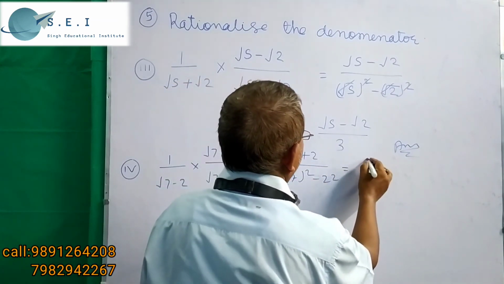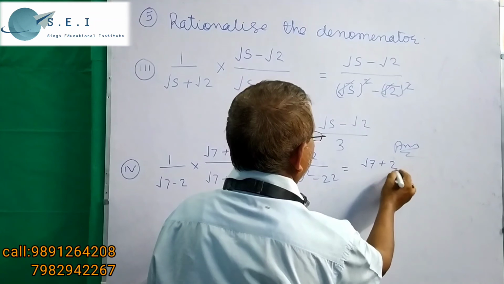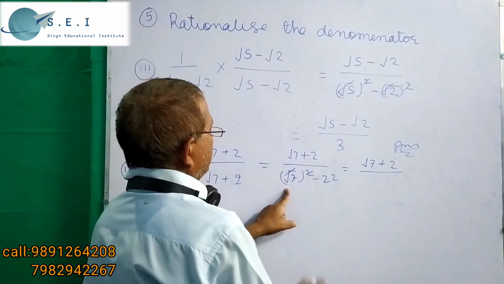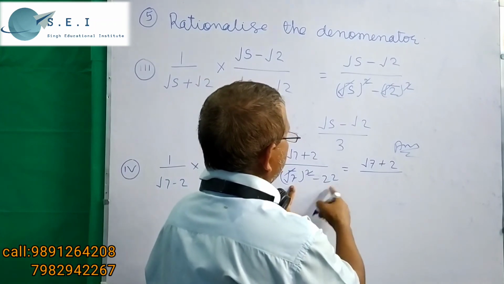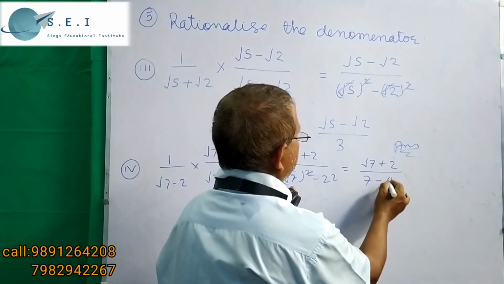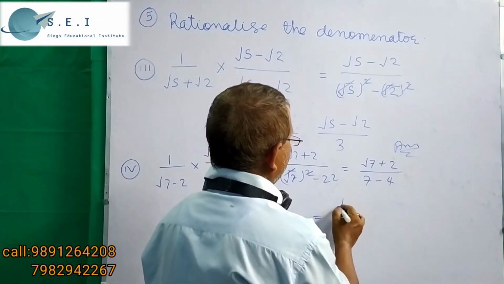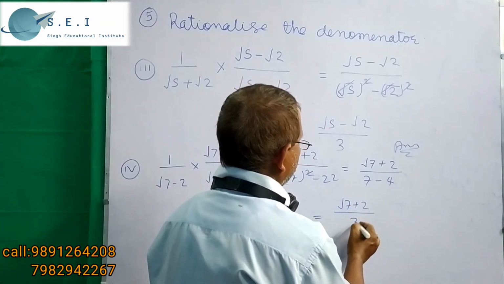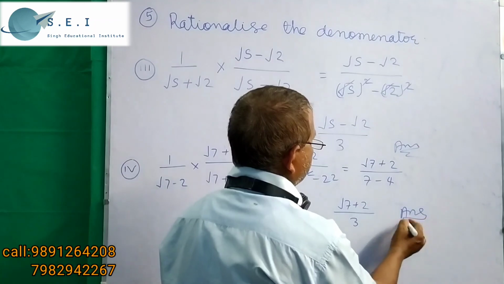Now this is root under 7 plus 2 upon root under 7 square minus 2 square, the root and square get cancelled out, 7 minus 4. The final answer is root under 7 plus 2 upon 7 minus 4, which is 3. This is our answer.